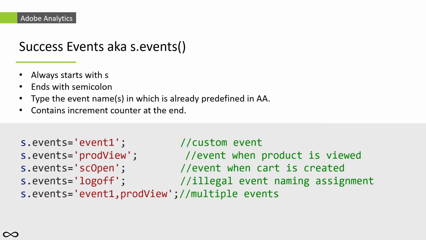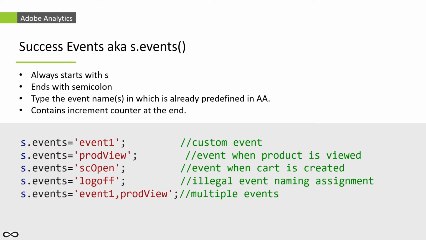So we know how we can write the custom events, like s.events equals event1, s.events equals prodView, which means we are triggering an event, again scOpen, log off, and event1 and prod2. By log off, obviously we cannot have a naming assignment unless it is a predefined event.